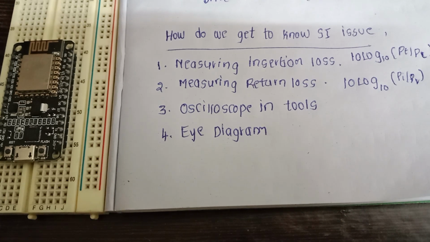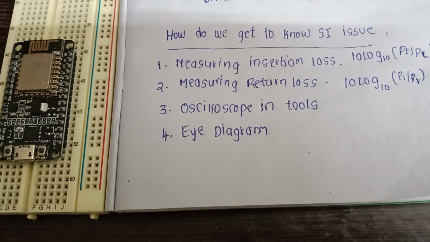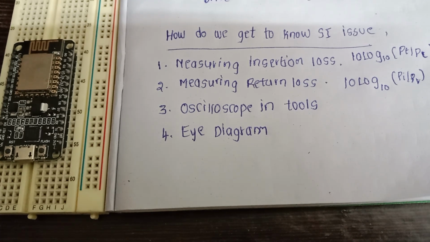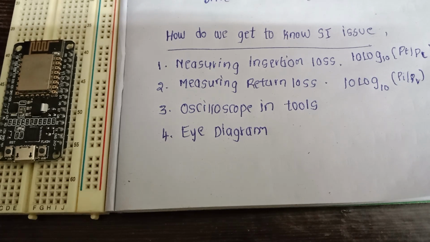The levels could be anything. It could be LVCMOS, whatever signal levels and signal topologies you have, as per the interfaces you use. These levels need to be maintained, and as we have seen in the previous videos, there should not be any overshoot, undershoot, or any lumps or non-monotonicity which we have talked about. So all these should not be there.